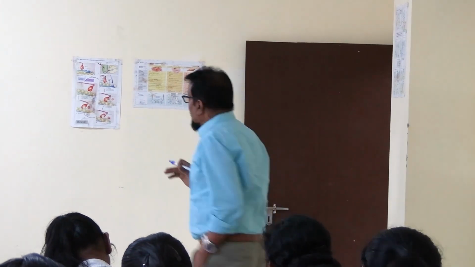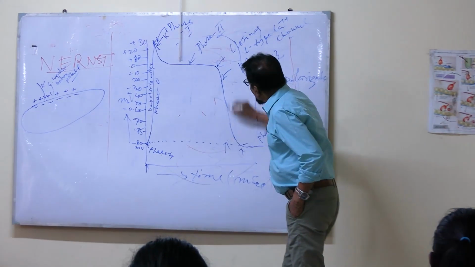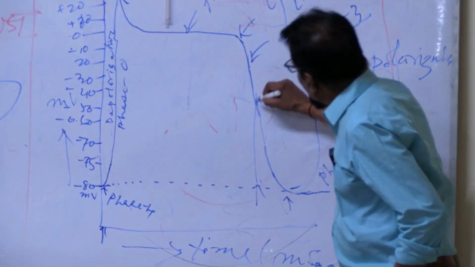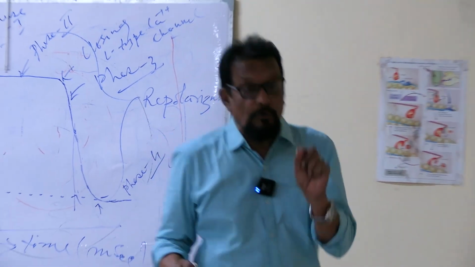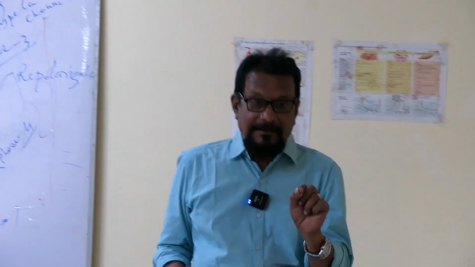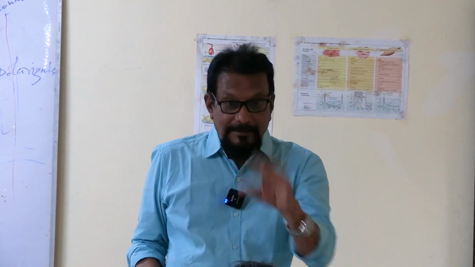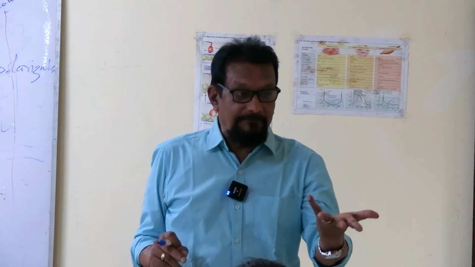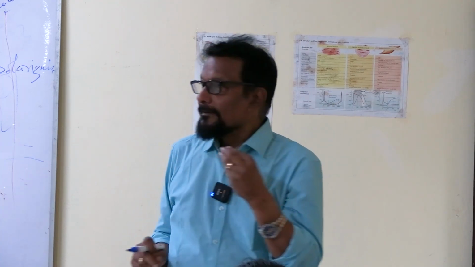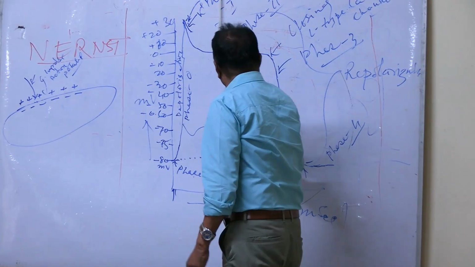But if you apply a second stimulus to this point, this level, if the stimulation is strong enough, it can produce another action potential from here. That's why this part of the action potential is called the relative refractory period, and this portion is the absolute refractory period.